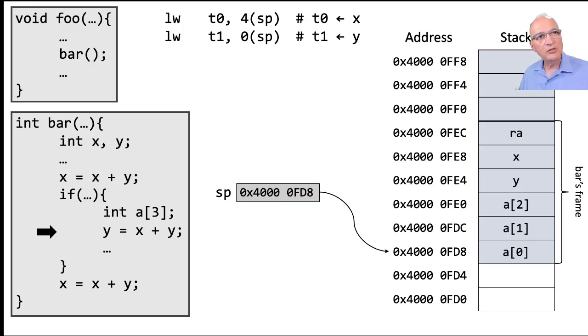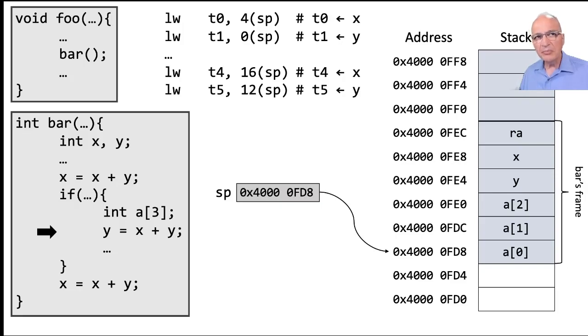So now I need to be loading the value of x and y again. But now, when I load the value of x, the offset to the stack pointer is 16, no longer 4, because the stack pointer has changed value due to that allocation of the array A3. Same thing for y. The offset for y has changed, no longer 0, now it's 12.